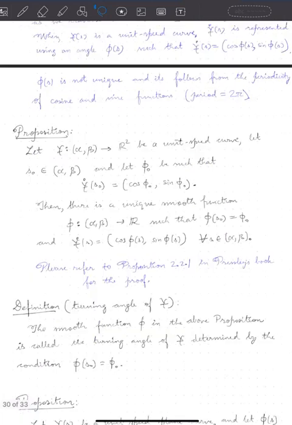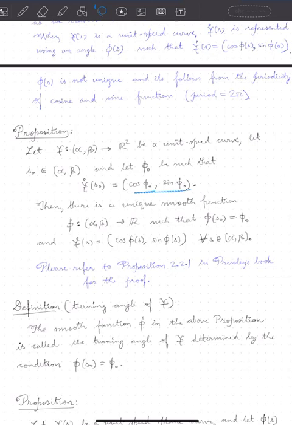Okay. So we propose that, let gamma be a mapping from alpha beta to R2, and let it be a unit speed curve, and let s naught be an element of alpha beta, and let phi naught be such that gamma dot of s naught is equal to cos phi naught, sine phi naught.